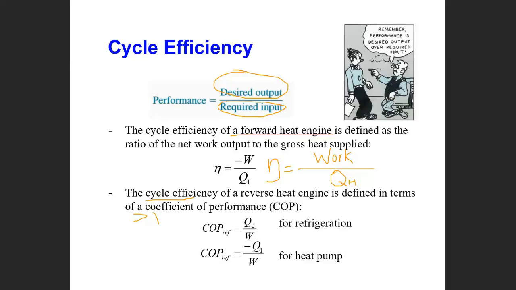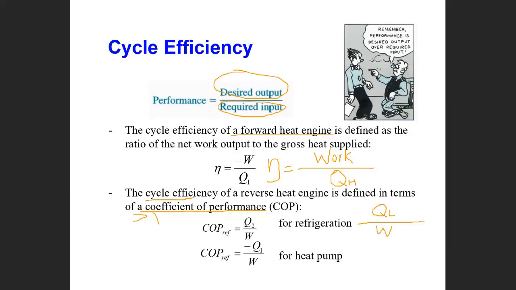For refrigeration, we want to get the cooling, so the design output is the cooling effect or refrigeration effect, and the required input is the work.